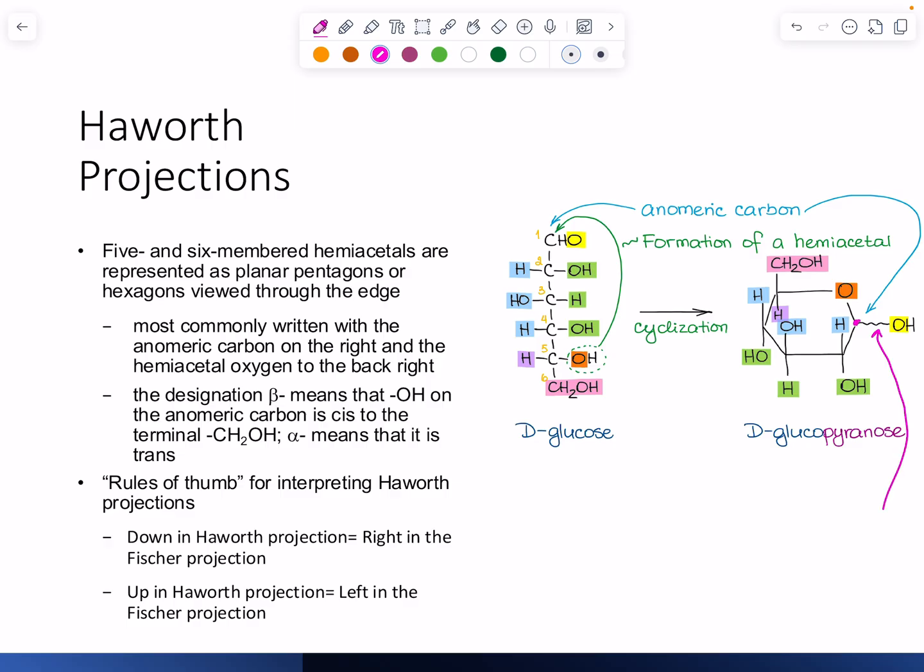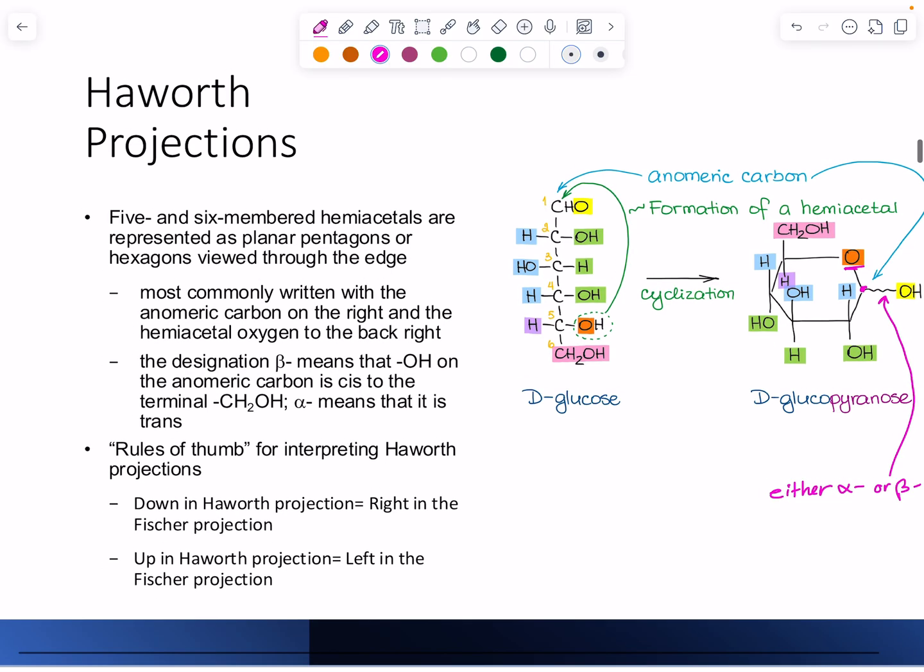When we have the squiggly line, that means that this could either be alpha or beta. And if this is not attached to anything and mutarotation can occur, then it's going to open up and it will be one or the other at any moment in time. And then the ring oxygen is usually put in the back right.